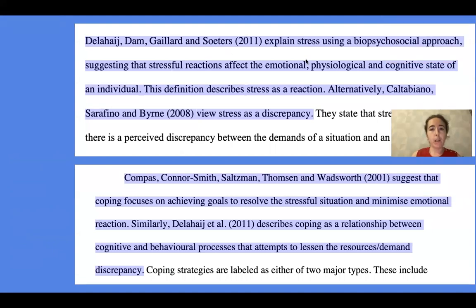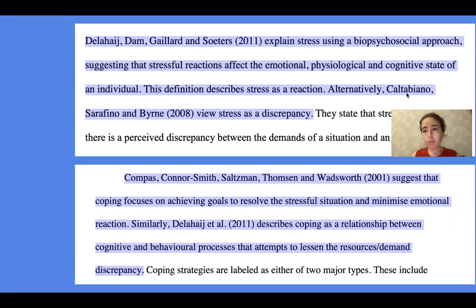Okay, so two more here that are playing a similar role to each other. So these authors explain stress using a biopsychosocial approach, suggesting that stressful reactions affect the emotional, psychological, and cognitive state of an individual. This definition describes stress as a reaction. So these people define stress this way.